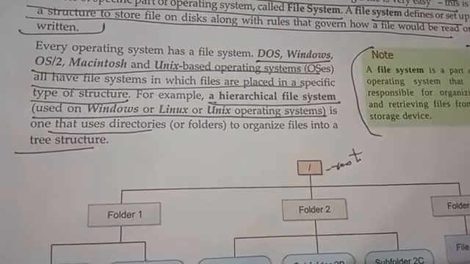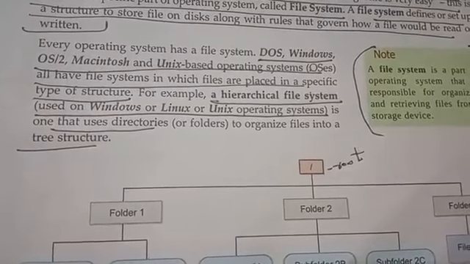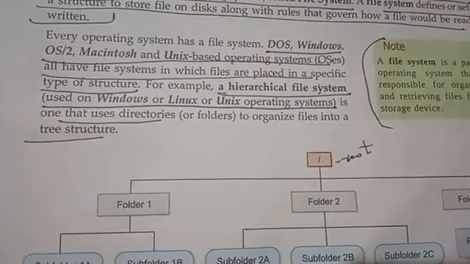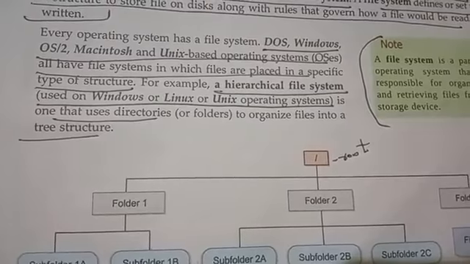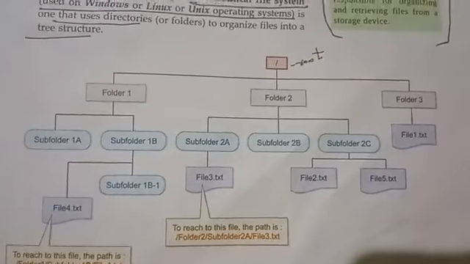Every operating system like DOS, Windows, Macintosh, Unix uses different types of file systems. Windows and Unix follow a hierarchical file system. Hierarchical means look at this type of structure.